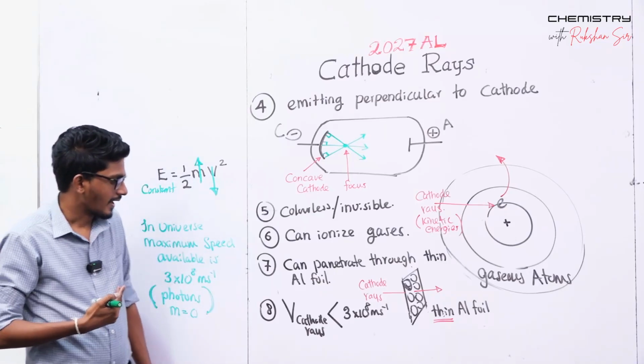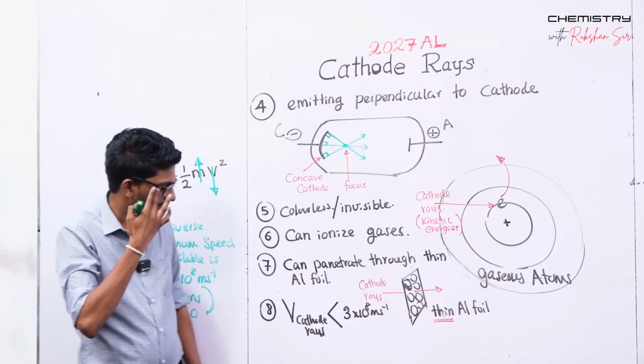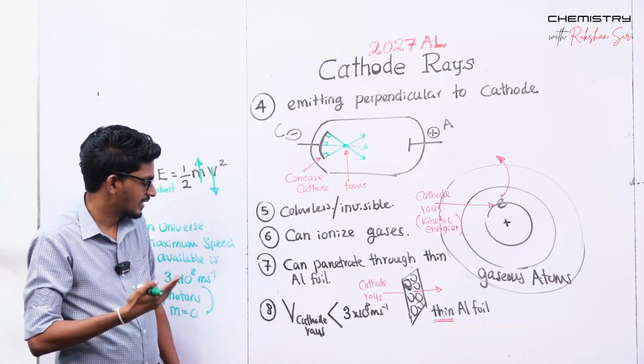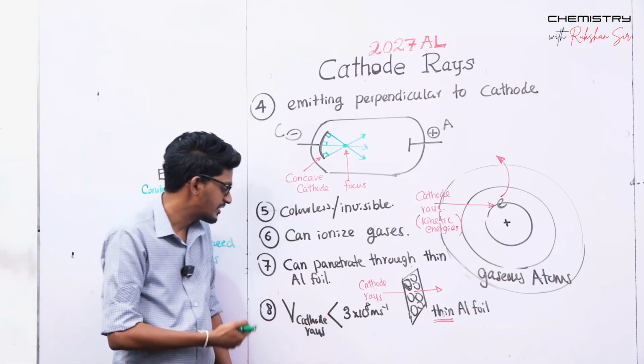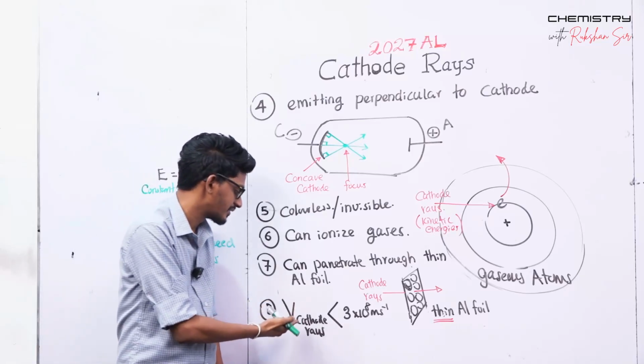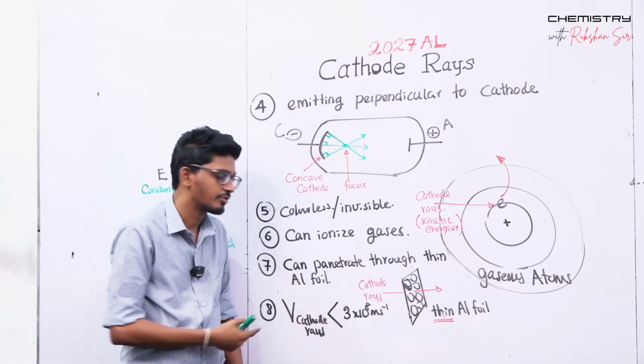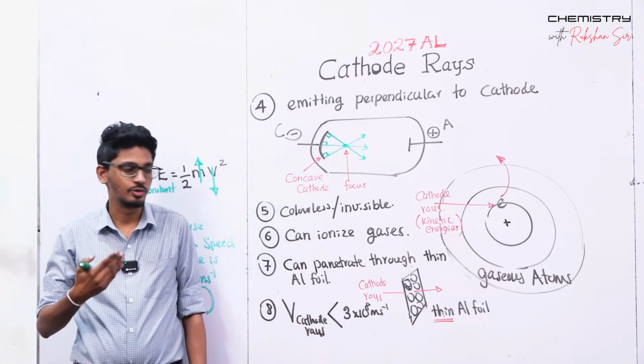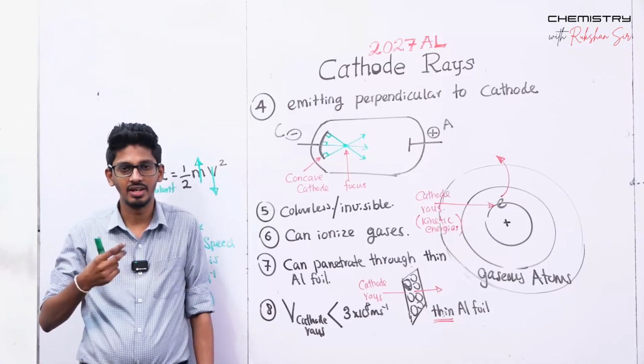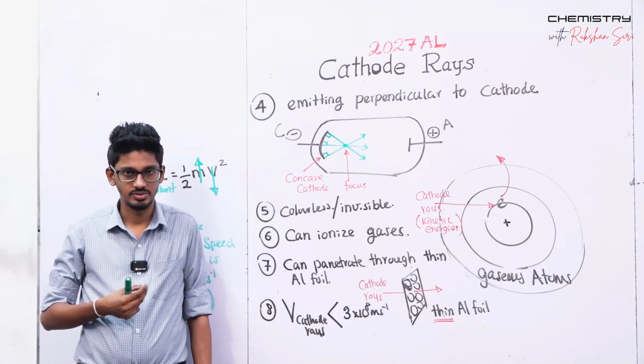We teach you that cathode rays travel with less than the speed of light. The speed of cathode rays is less than the speed of light. That is what we teach you.